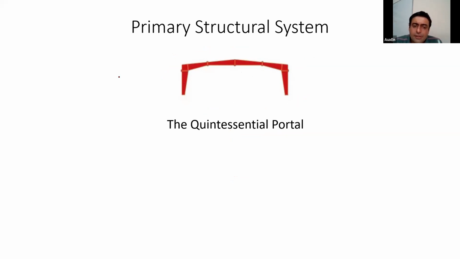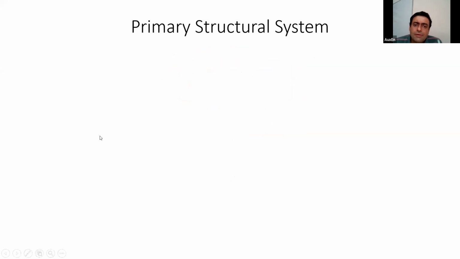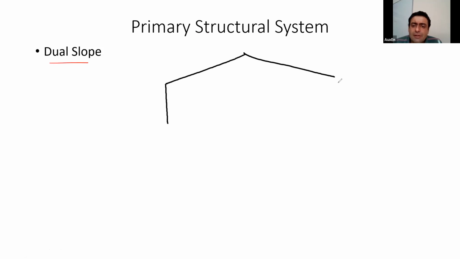Okay. So now your primary structural system can have a dual slope. What does a dual slope mean? Dual slope means that your system can be like this. This is your structural system, and it has a dual slope. That means there is a slope over here also, and a slope over here also. That is the meaning of dual slope.